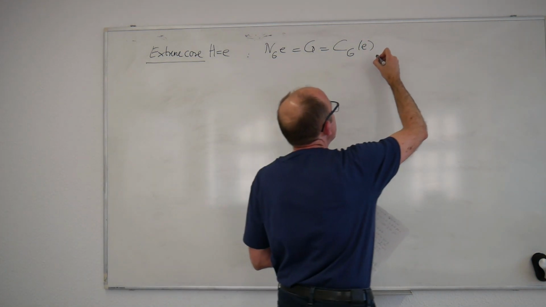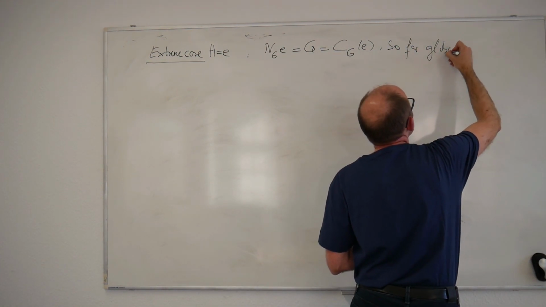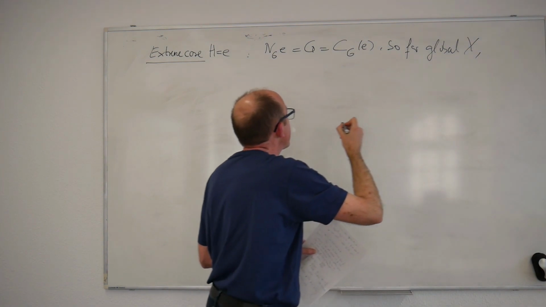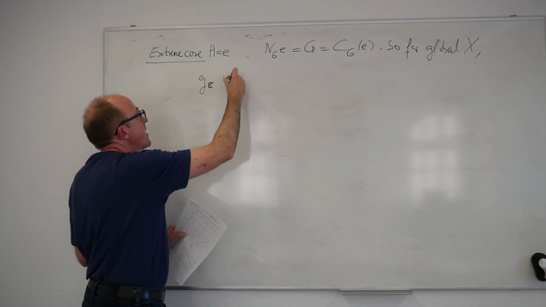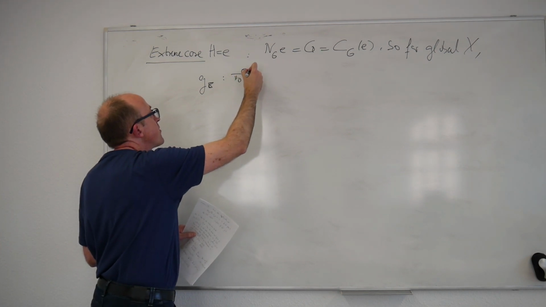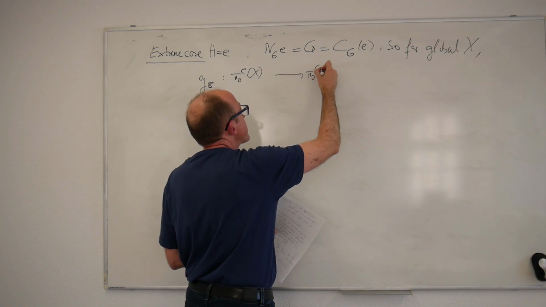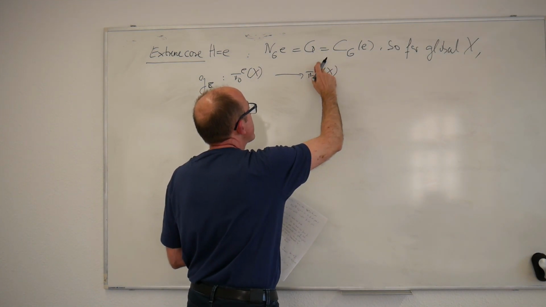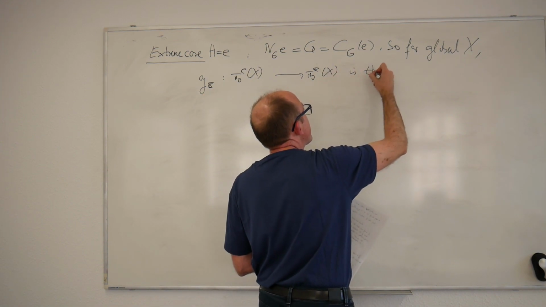So for global X, we have that g lower star, no matter which element g you take, as a self-map of the non-equivariant homotopy groups of X is the identity. So this is the identity for all g.